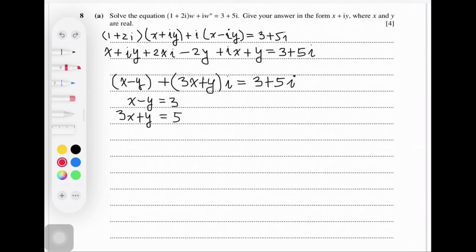Solving these two equations simultaneously, we will find that the value of x is equal to 2 and the value of y is equal to -1. So w is equal to 2 minus i.